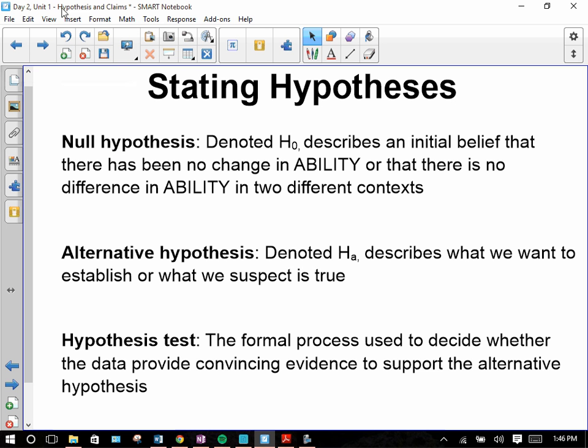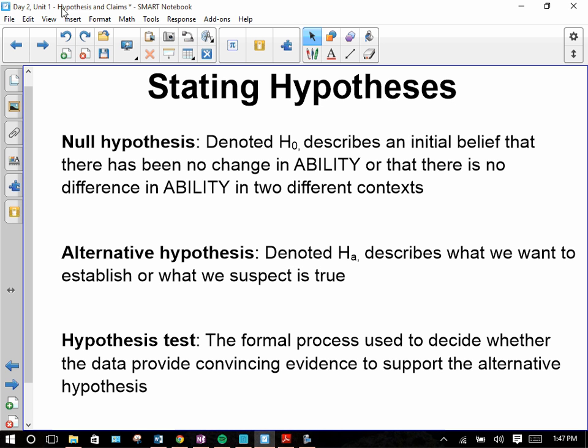All right. So, what you guys need to be able to do is draw conclusions. You need to be able to state hypotheses. You guys have probably heard hypothesis in science. Typically, you come up with one hypothesis in science, and you try to see if you're right or wrong. In math, in this case, you're going to come up with two.